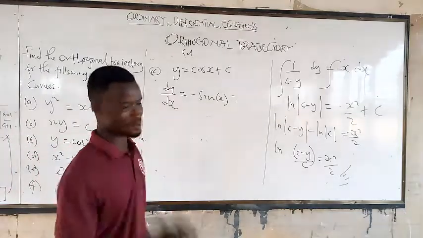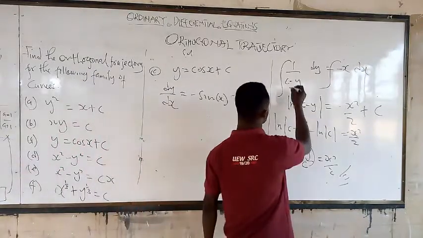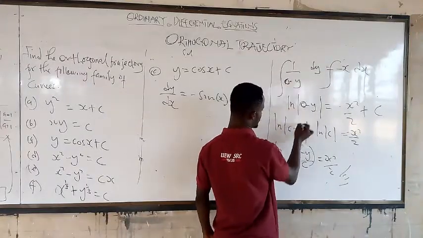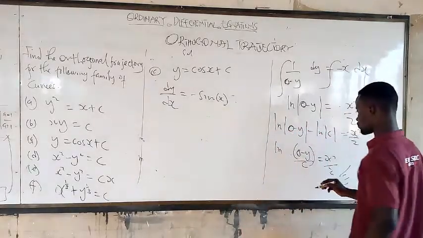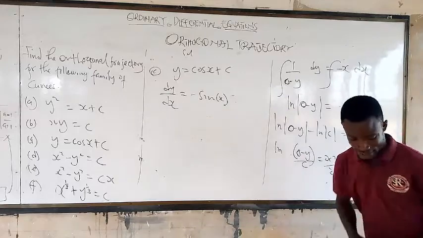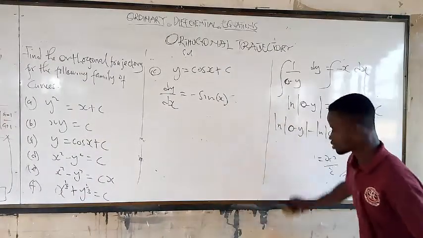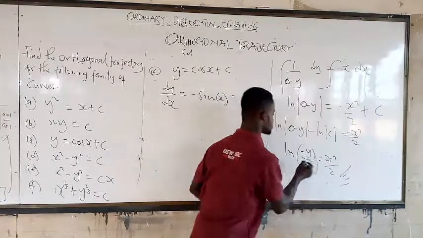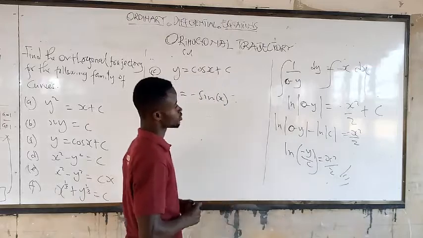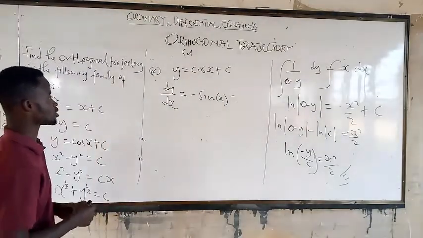Please do that for me. I beg you. Alright, I trust you will do it. So everything here will be 0, 0, 0, 0. So the final answer will just be negative y plus c to be equal to this. Okay, thank you, and I trust you will do that for me.